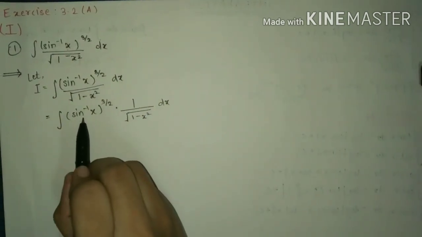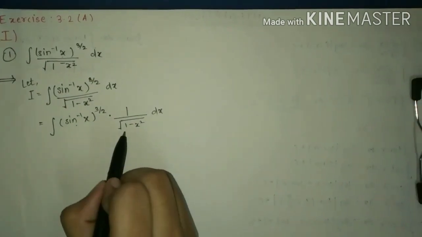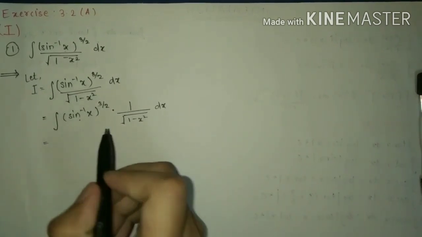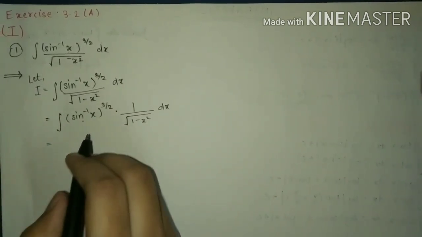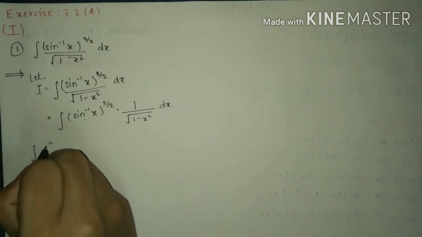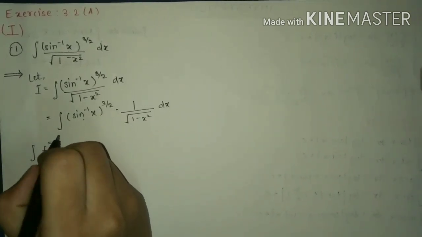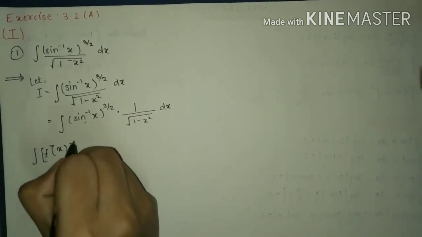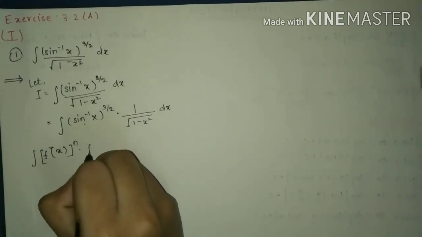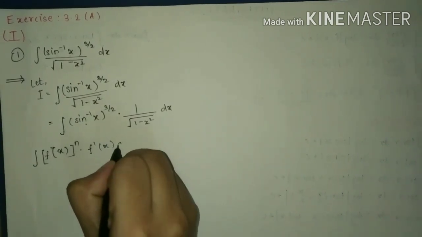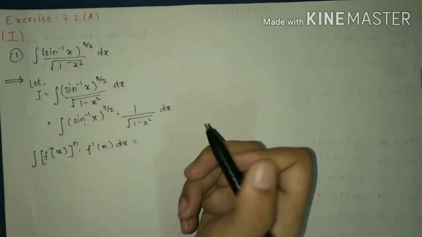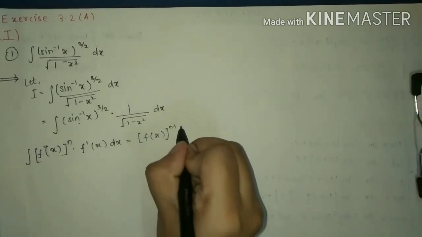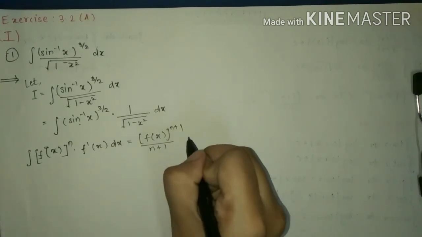So the derivative of sine inverse x is 1 upon under root 1 minus x square. So if we take this as f dash of x, I will write the result here: f of x raised to n, and we have the derivative of it beside it, that is f dash of x into dx, that is nothing but f of x function itself raised to n plus 1 upon n plus 1 plus c.